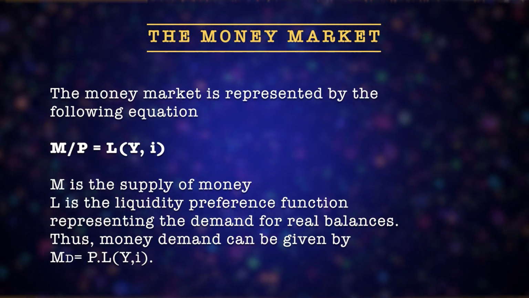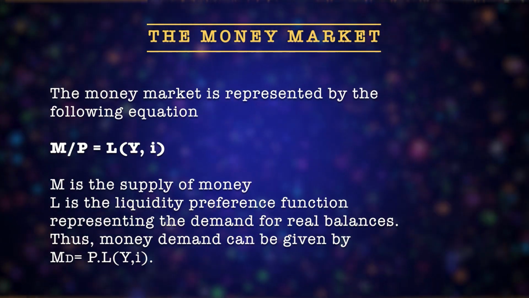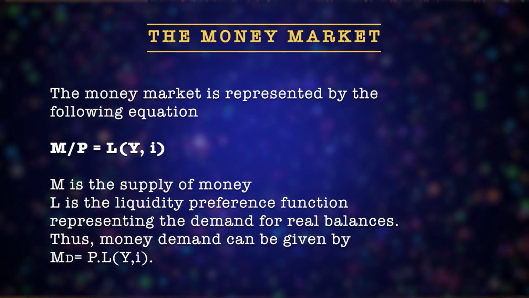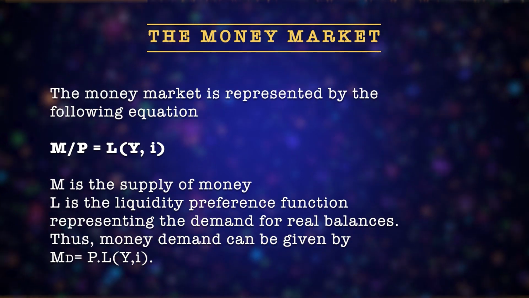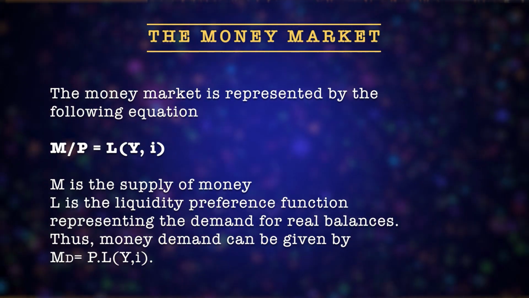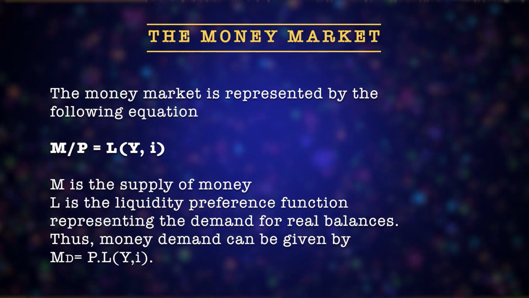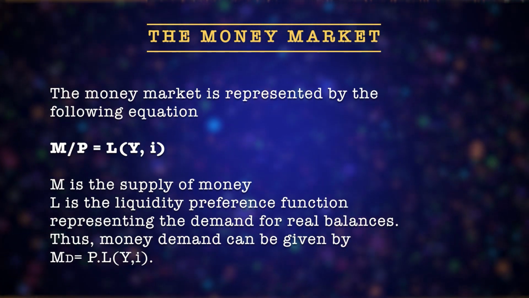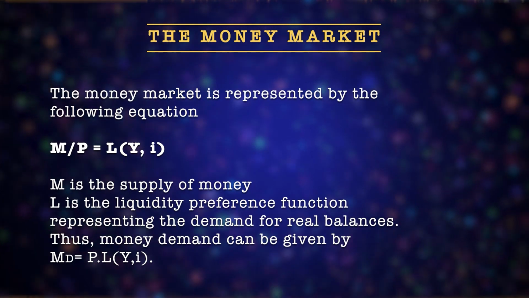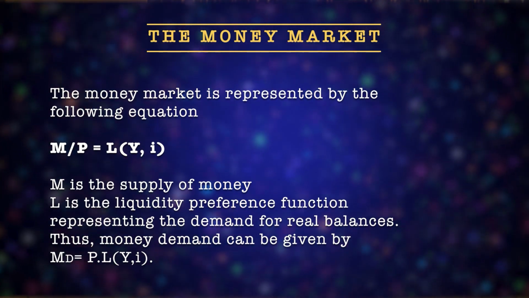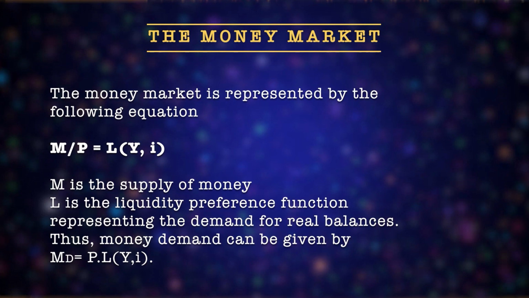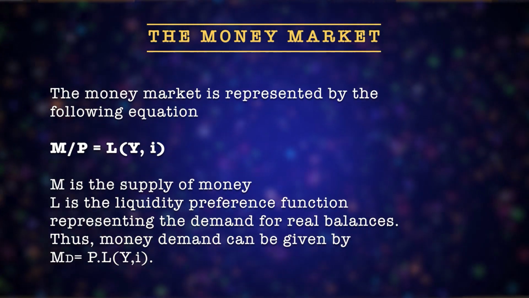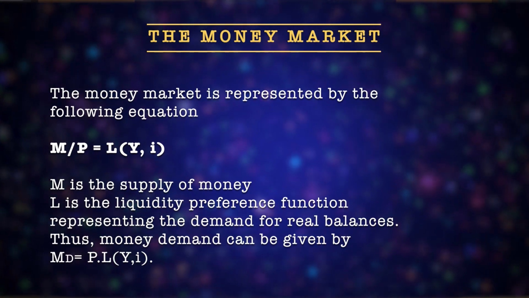And obviously that depends on the level of income of that person, right? So if any individual has a higher level of income, as the level of income rises, then obviously the transaction demand for money is going to rise. So we can say that the transactions demand for money is positively related to Y, or the level of income. Next, we come to the concept of the precautionary demand for money.